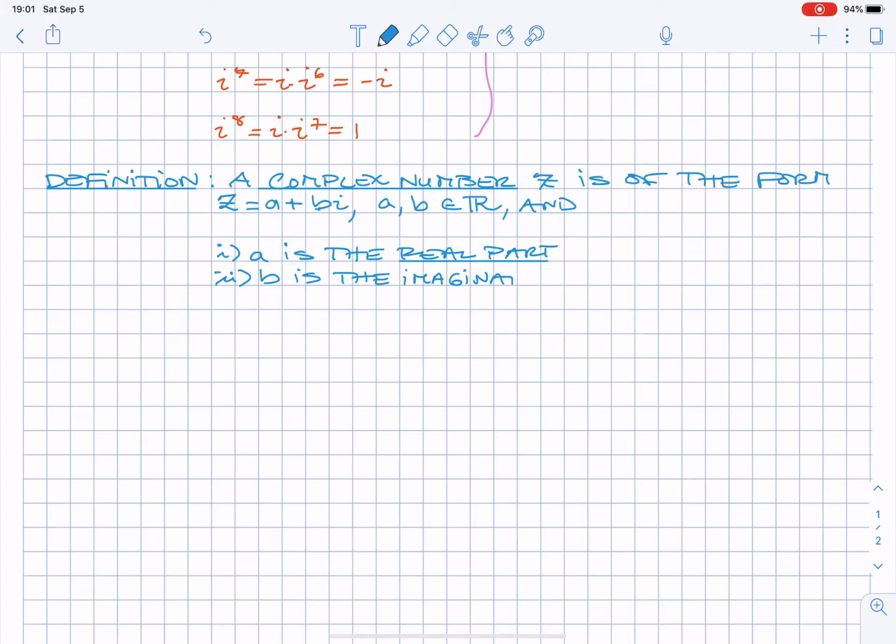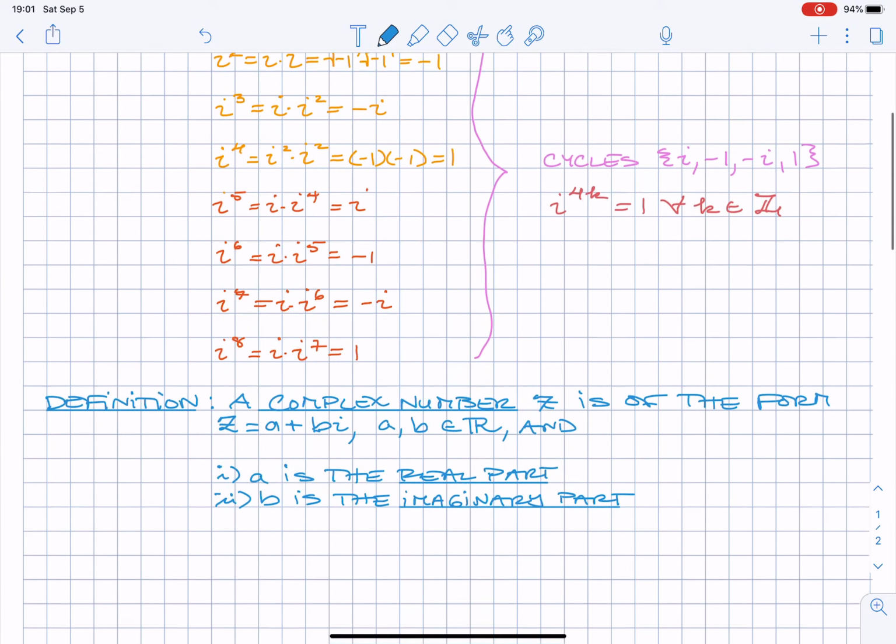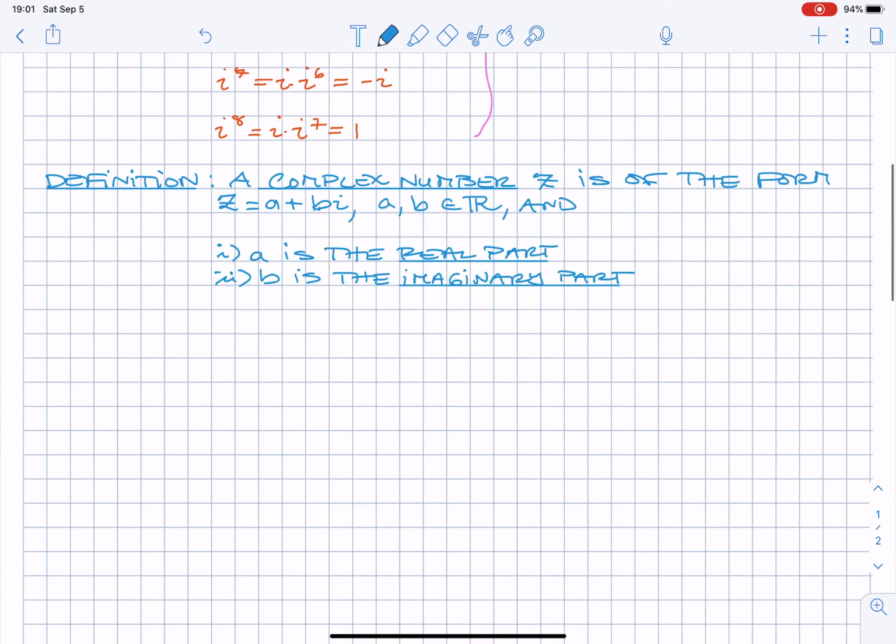So why am I using imaginary and not complex part? Well, the imaginary unit, of course, is i, so hence the imaginary part.